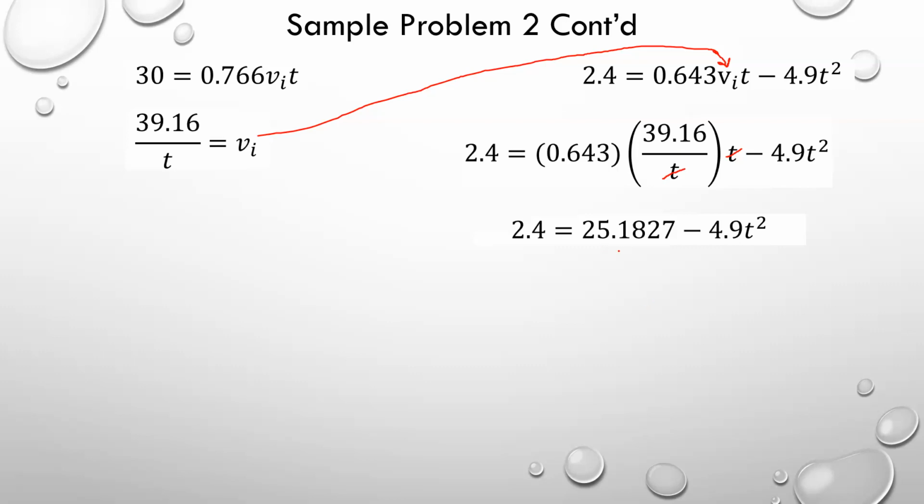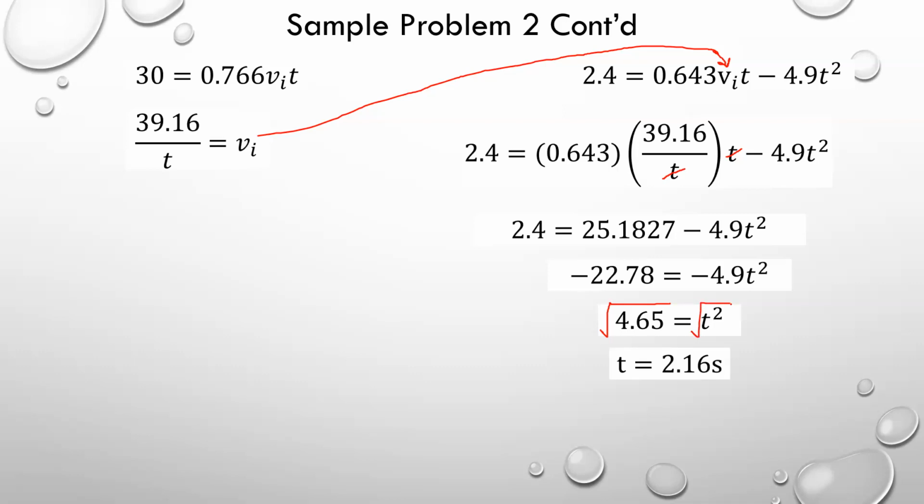Now I'm going to subtract 25.1827 from both sides. Then I'll divide both sides by negative 4.9. So I'll get 4.65 equals t squared. Then take the square root of both sides. I'll get that t is equal to 2.16.